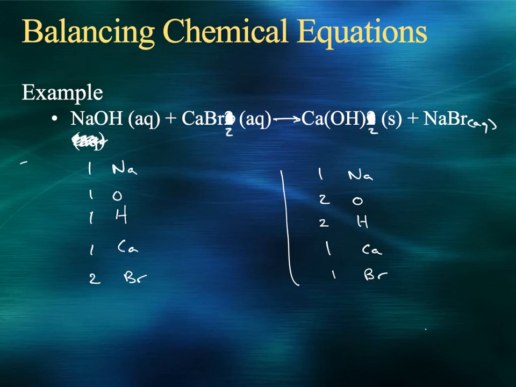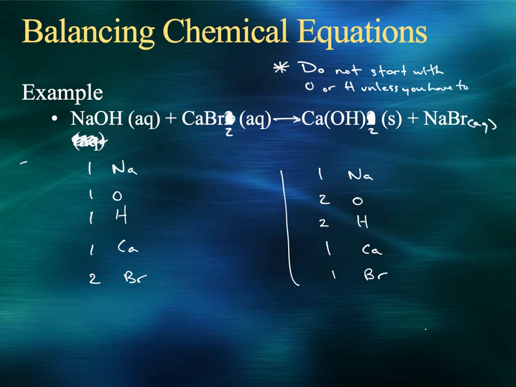A little piece of advice as we start to go into the balancing of things, and you'll want to jot this down because it will help you out. When you're trying to figure out what to start with in balancing and adding coefficients, do not start with oxygen or hydrogen unless you have to.